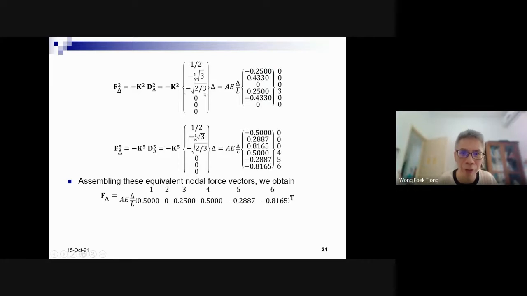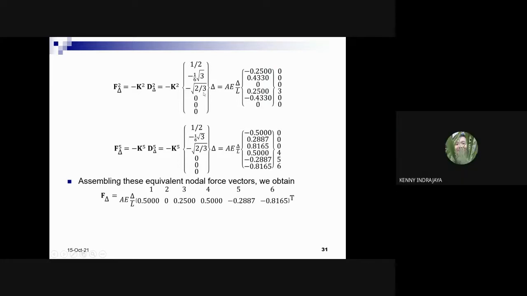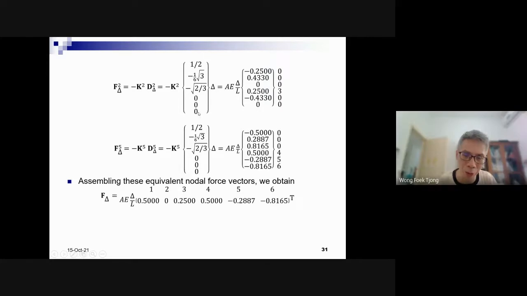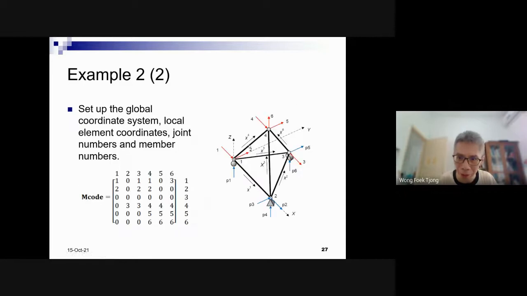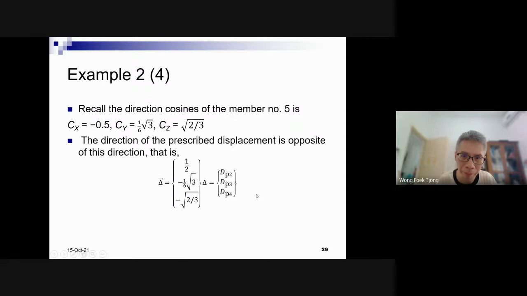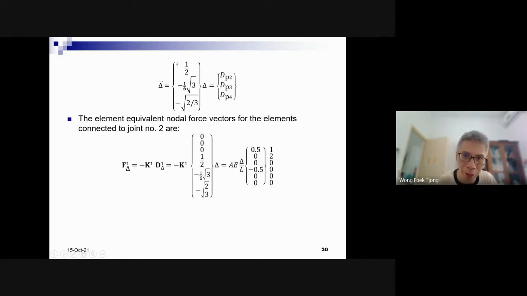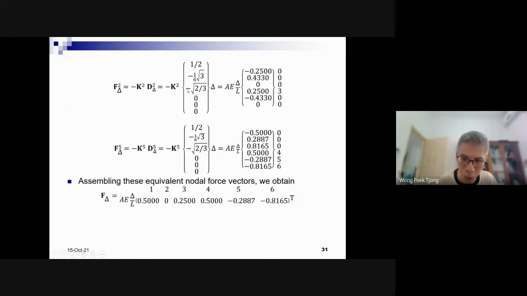The first 3 refer to joint local number 1, and the next is joint local number 2, right? So for element number 2, look at the picture. At the first joint, it's under cross deflection, with this component, given by this one. So just copy this one to this one.